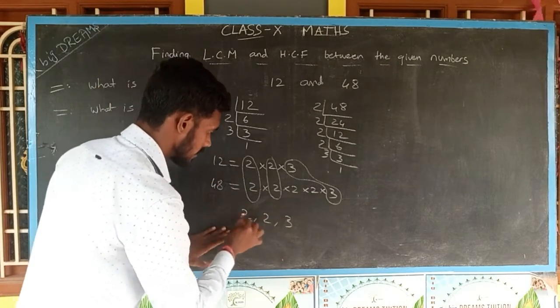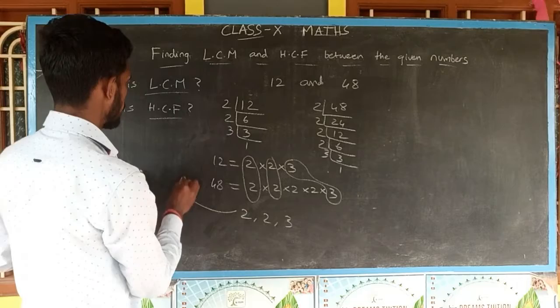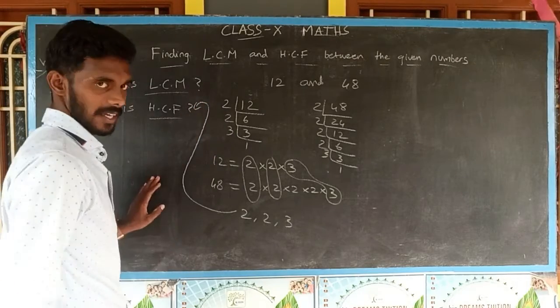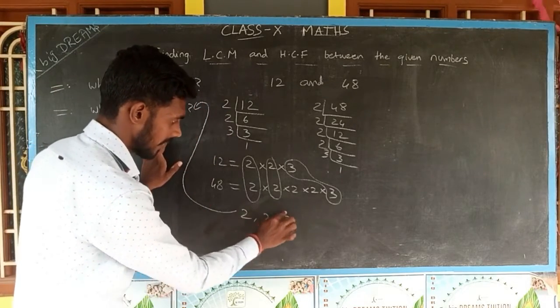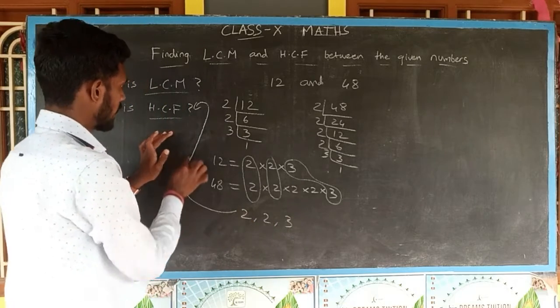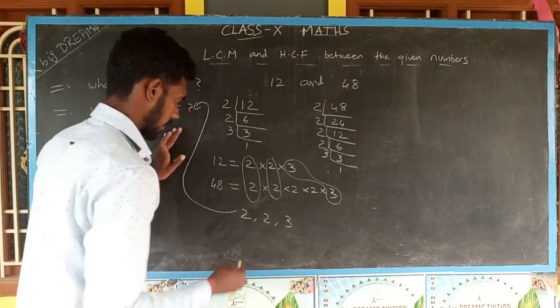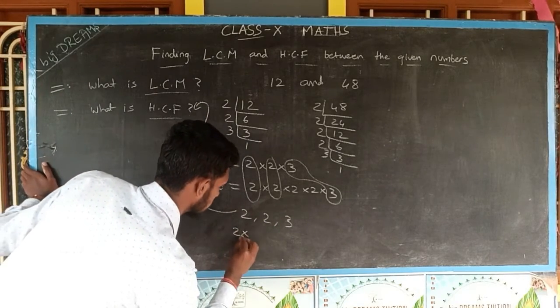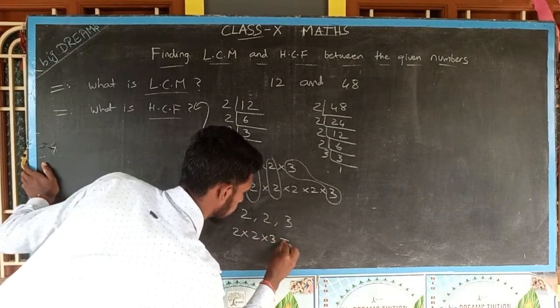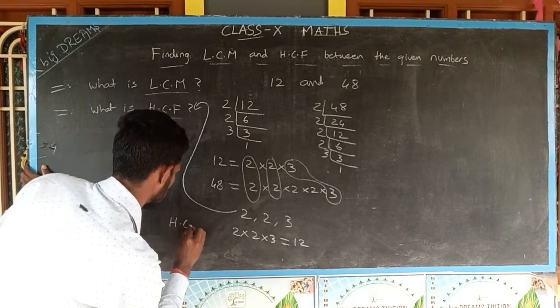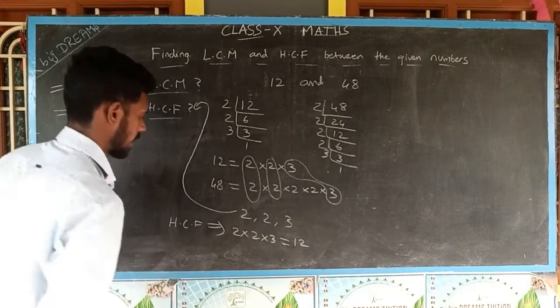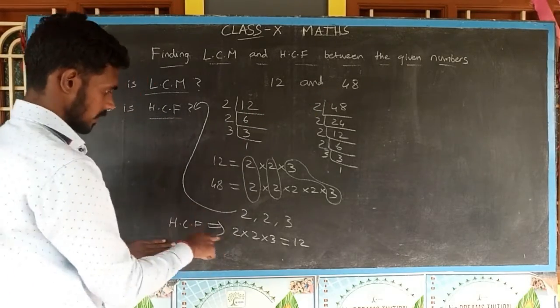Simply multiply these three numbers, you will get the HCF, the highest common factor. So the highest common factor here is 2 into 2 into 3, which means 4 into 3, 12. HCF between these two numbers is 12.